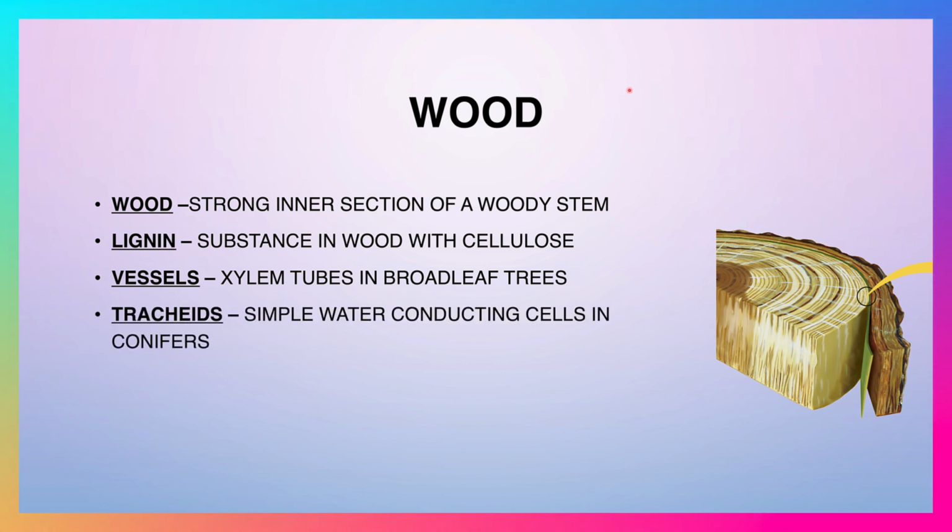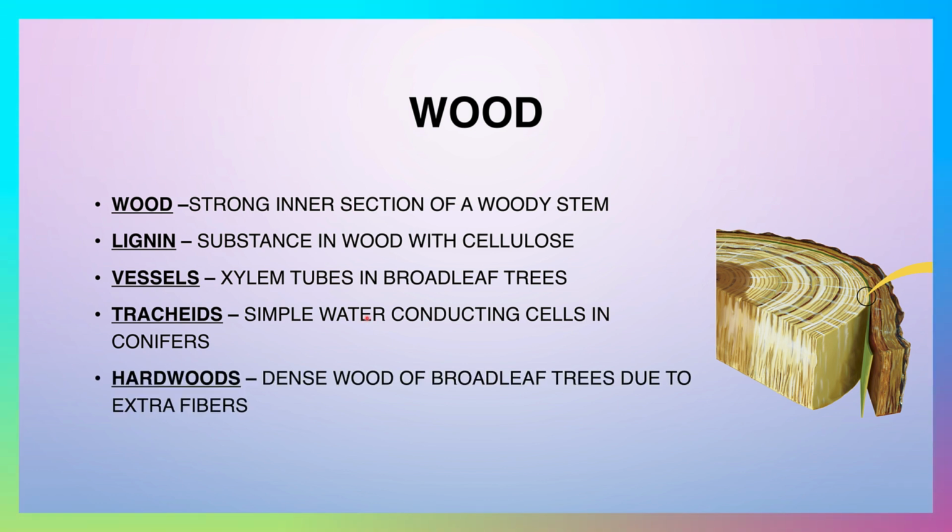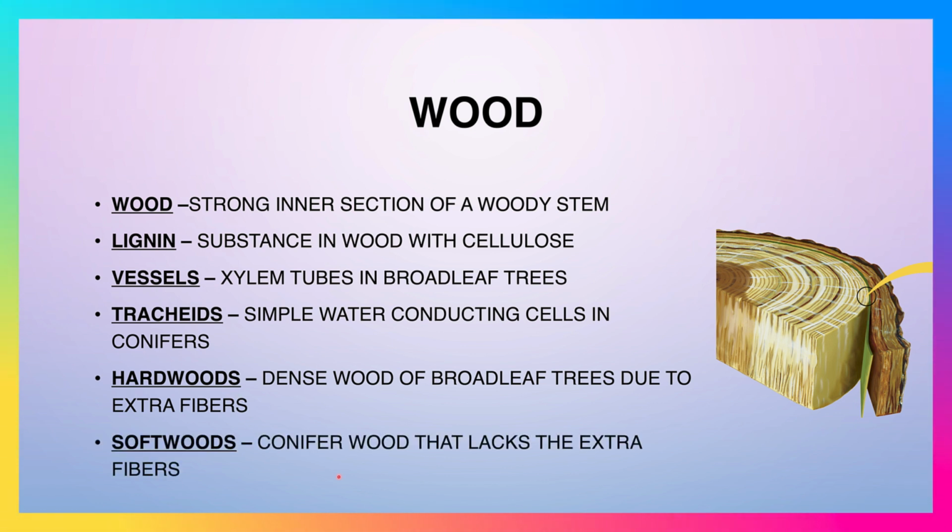And in conifers, instead of xylem tubes, they have what are known as tracheids, and tracheids conduct water much like the xylem does. Now the difference between conifers and broadleaf trees is that broadleaf trees make up dense wood or hardwood, and this is because they have extra fibers in their wood, whereas conifers principally have softwood that lacks these extra fibers.